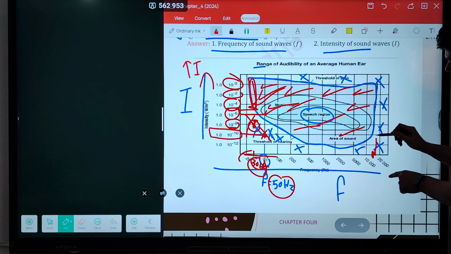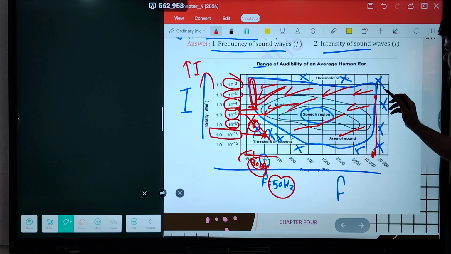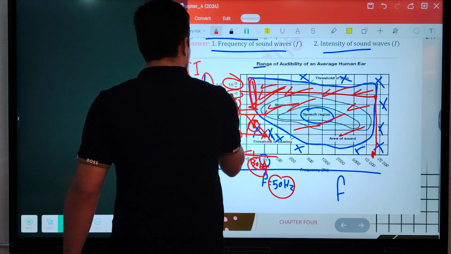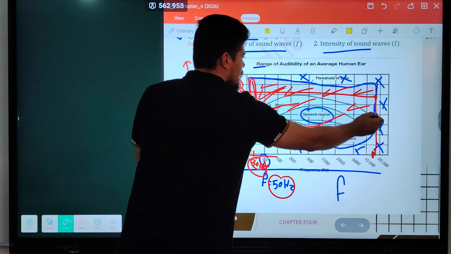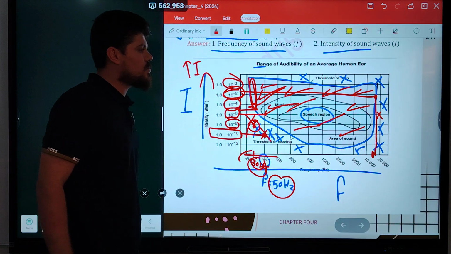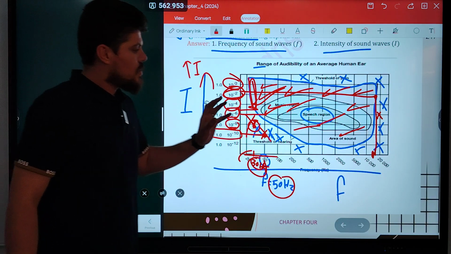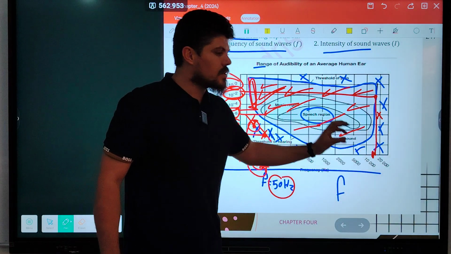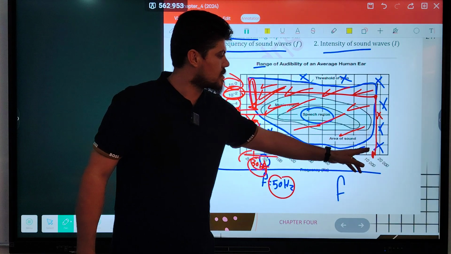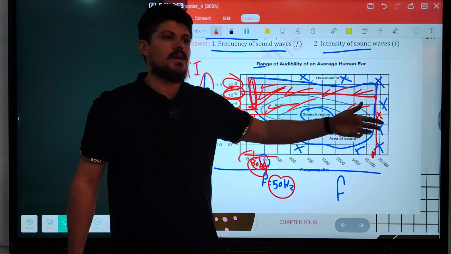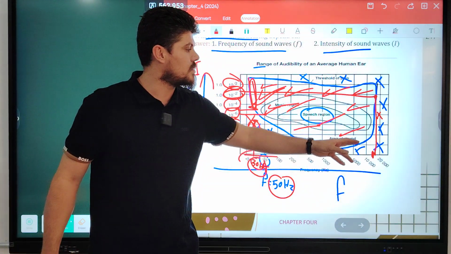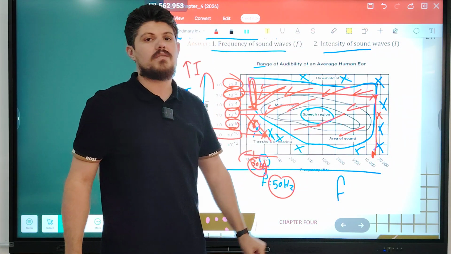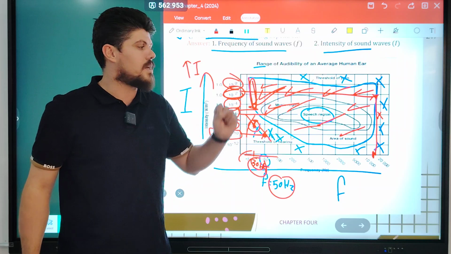If the intensity is equal to 10 power negative 12, or at 10 power negative 6, can we hear this sound at 12,000 hertz? No. So for 12,000 hertz or more, when can this sound be audible? If we have more intensity.